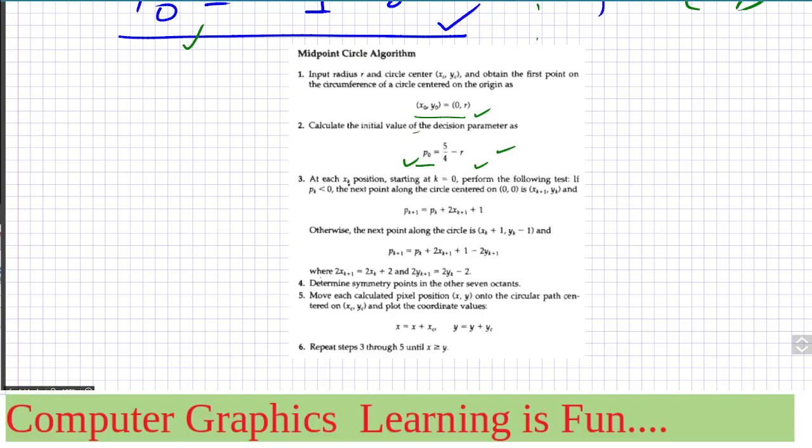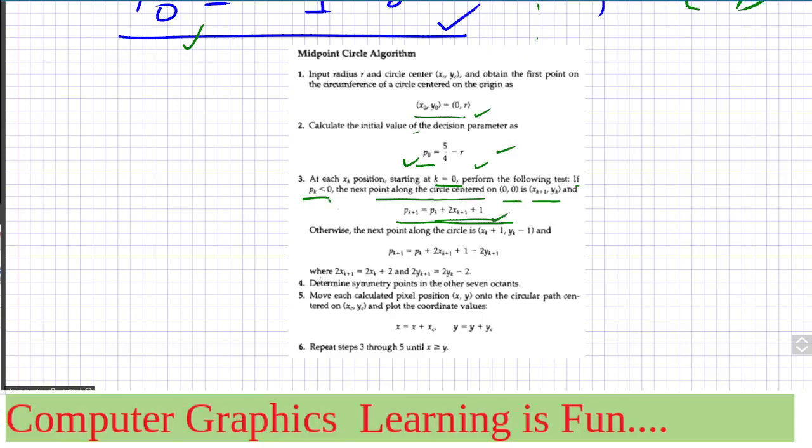So, at each xk position, starting at k equal to 0, perform the following test. If pk is less than 0, the next point along the circle centered on 0, 0 is xk plus 1, yk, and pk plus 1 is pk plus 2xk plus 1 plus 1.